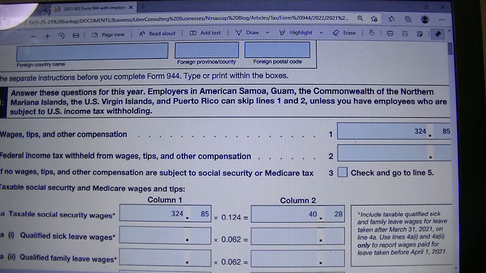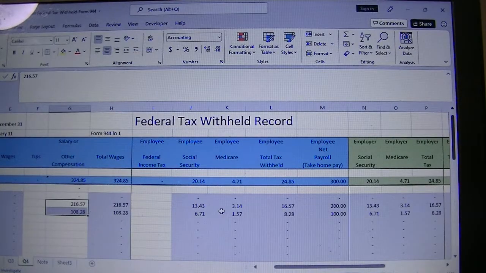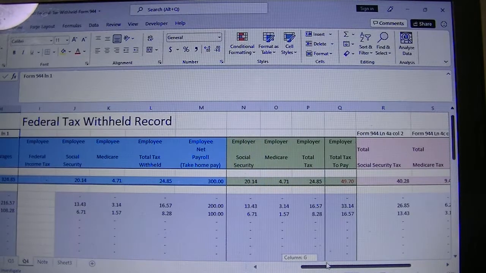So line 2, federal income tax withheld. And you will go back to your payroll spreadsheet. It's line 2, and pretty much we put here form 944 line 1 to specify that's the total you will report on that form. So line 2 is employee federal income tax. You can pull it from there.